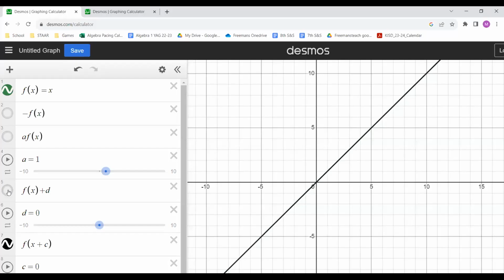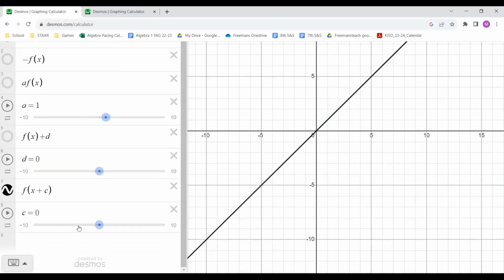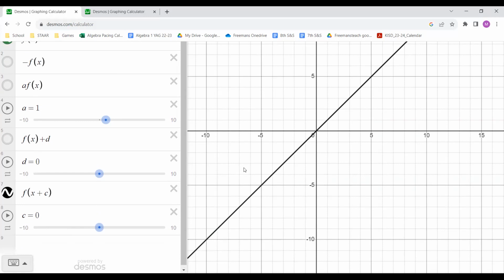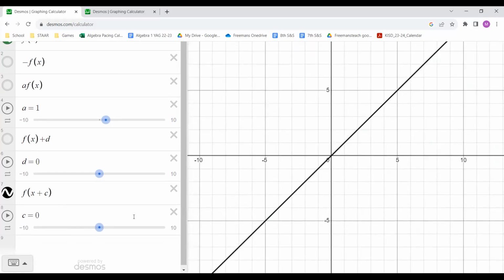All right, so we're not looking at C anymore. Now we're looking at what happens when I add or subtract on the inside of my line. Oh, sorry, I meant to do this. So if I make it x plus 2, let's see what happens. Well, when I added 2, it actually made my graph go left 2.